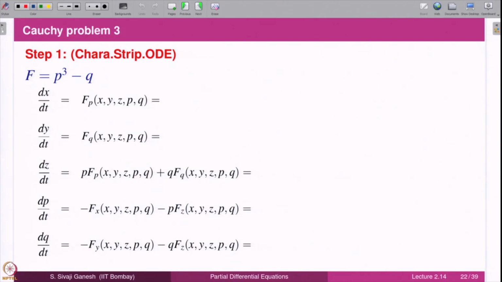Now, this is very simple because f depends only on p and q, f_p is 3p square, f_q is minus 1, p f_p plus q f_q is 3p cube minus q, okay. That is equal to, we can keep it as it is for now, okay, and f_x is 0, f_z is 0. So, these are 0, this is 0.